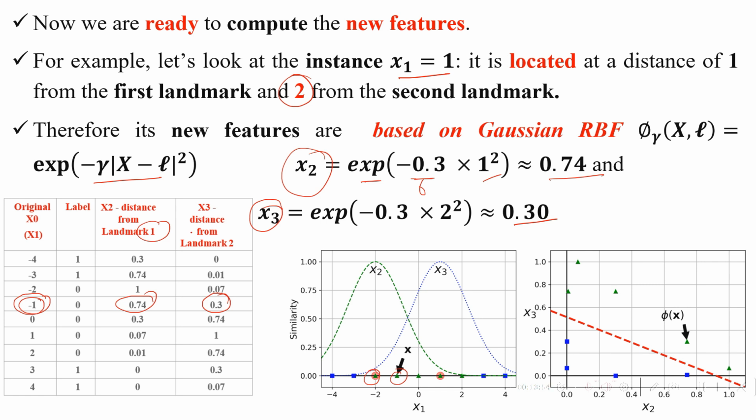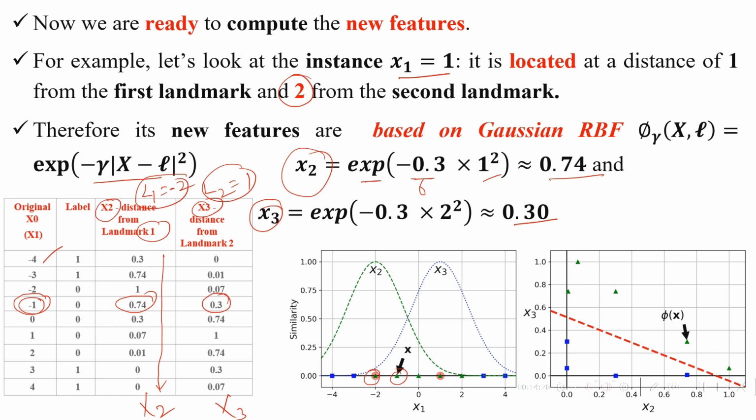Like that, for each and every original data point, we are finding the corresponding new features with the help of the Gaussian radial basis function. So these are the new features, x2 and x3, with the support of the new landmarks, landmark 1 and landmark 2. Landmark 1 is here at minus 2, landmark 2 is here at 1, and these are the original x values. So with this, we are finding the new features, x2 and x3.